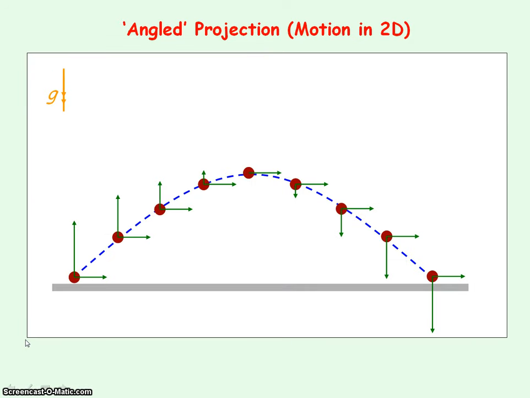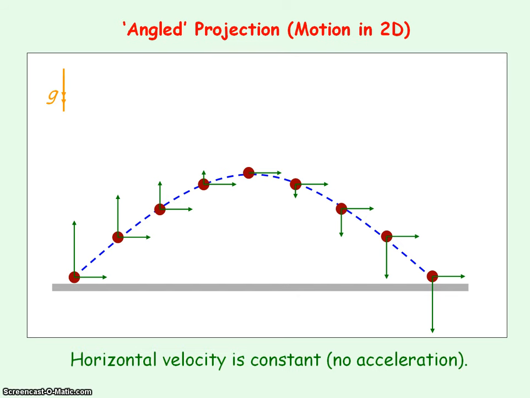So just a reminder, horizontally the velocity is constant. There's no acceleration or force that acts in the horizontal direction. Vertically, the velocity changes due to the acceleration due to gravity. So upwards, the vertical velocity decreases because the projectile is decelerating due to the force of gravity.